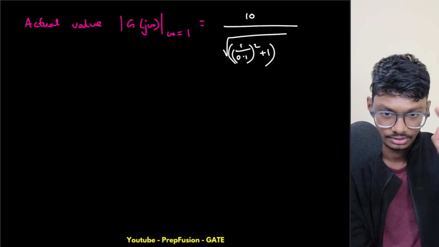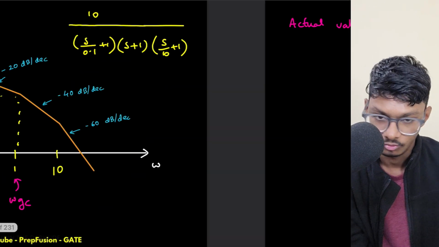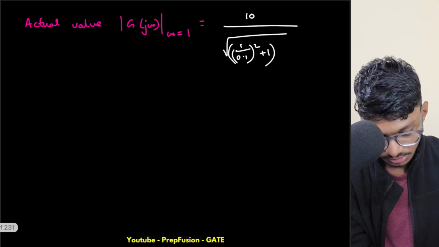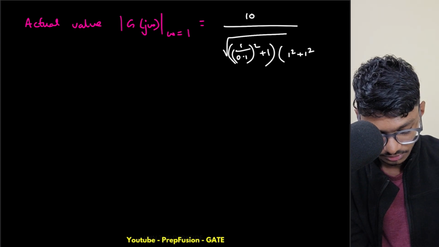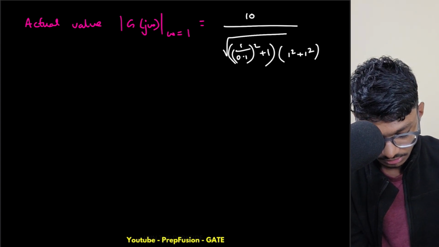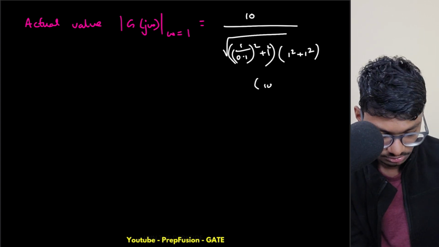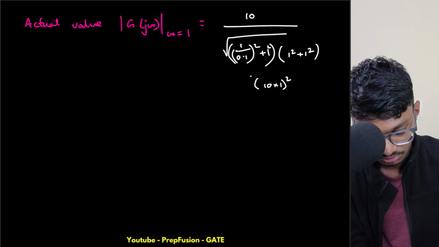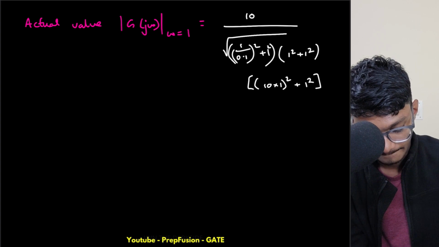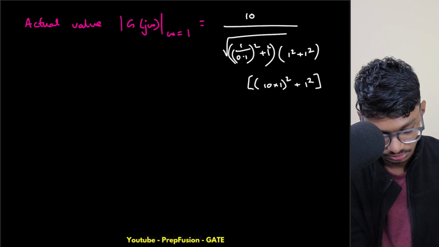Okay, simple, I'm doing it simple: omega by 0.1, omega and omega by 10, this is 1 square plus 1 square, and this is also square, and this is 10 times 1 square plus 1 square. Okay, is this 10? Yeah, okay, fine.